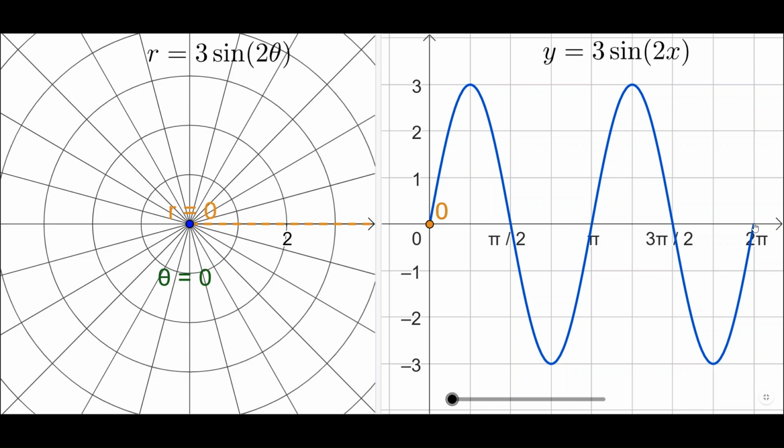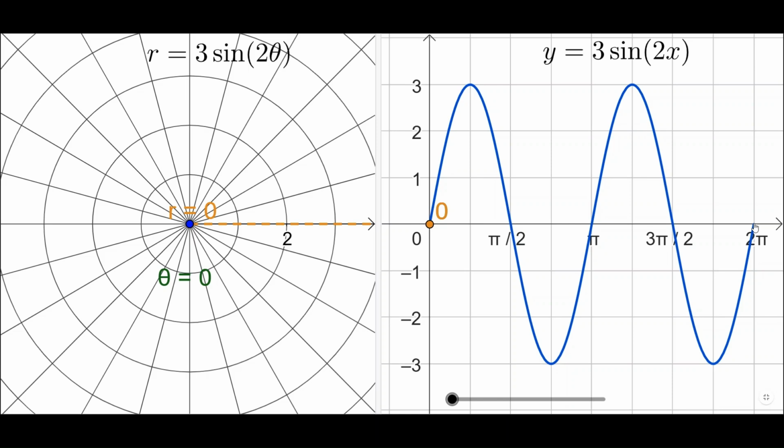Remember that the 3 in our equation, y equals 3 sine of 2x, corresponds to the amplitude of the graph. The sine wave goes from the x-axis up 3 units to 3 and down 3 units to negative 3. That means our radius values are going to go from 0 extending outwards to 3, and also extending to negative 3.